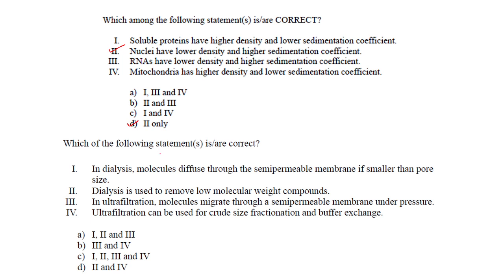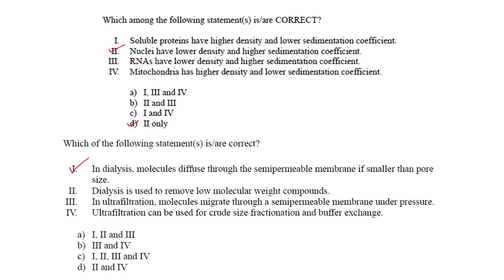The next one, which of the following statements is or are correct? In dialysis, molecules diffuse through a semi-permeable membrane if smaller than pore size.